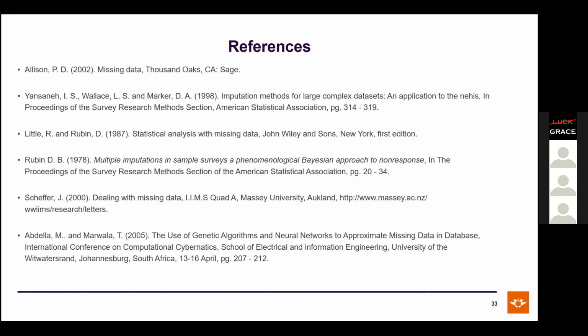Missing data is very important in the data science field, because it's part of the first processes, being pre-processing of your data. You can encounter missing data at that point.